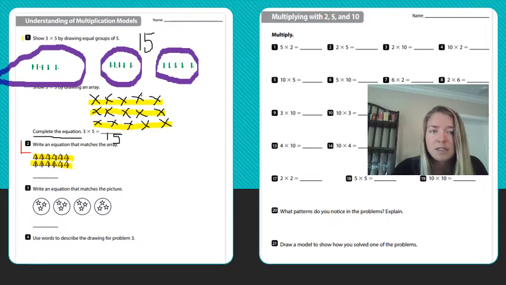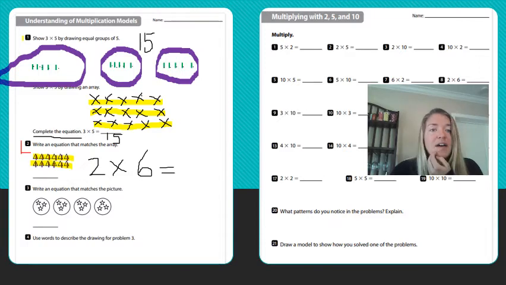So my number sentence to go along with this equation will be 2 times 6. Now to find that total, or my answer, I have all of those triangles. So I'll let you go ahead and do that on your own. To solve 2 times 6, you're going to count up all of those triangles.